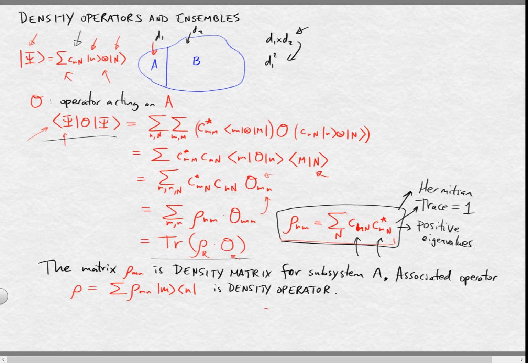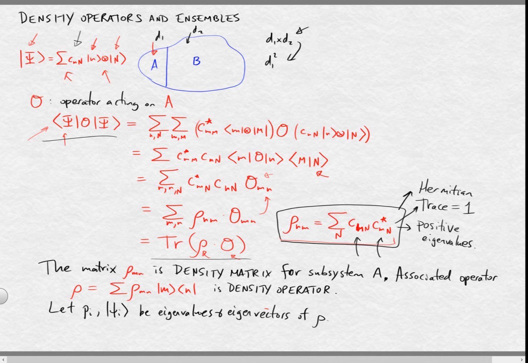And so that means that if we now think about this operator, we can find some set of eigenstates which are orthonormal, and which have some positive eigenvalues. Okay, so let's do that. Let p_i and psi_i be the eigenvalues and eigenvectors of this matrix rho, or this operator rho.